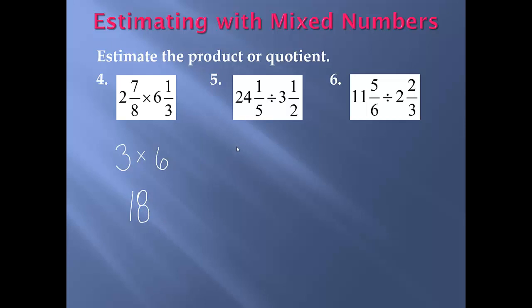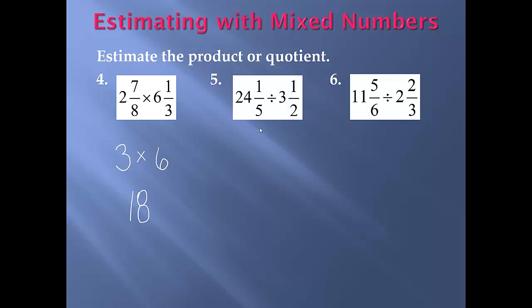For number 5, I have 24 and 1/5 divided by 3 and 1/2. For 24 and 1/5, I need to figure out what would 1/2 be if I am using fifths. Half of 5 is 2 and 1/2, or 2.5. 1, which is the number I have in my numerator, is less than 2.5.